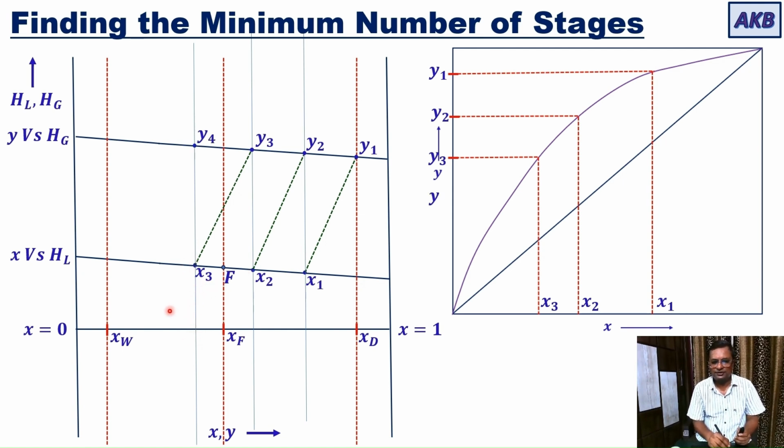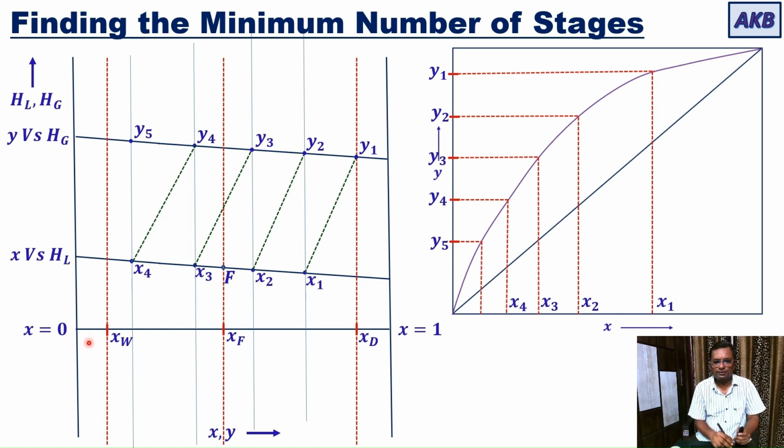So connect X3, Y3, locate Y4, find out the corresponding X4, locate X4 on the enthalpy concentration diagram, draw the vertical line, connect X4, Y4, locate Y5, come back to the distribution diagram, get the corresponding X5, locate X5, and in that process we have crossed the vertical line through XW. That means we have to stop after drawing the construction line, connect X5, Y5.